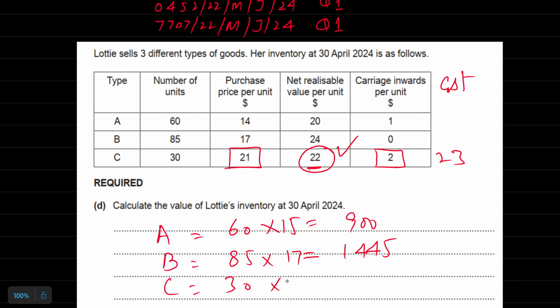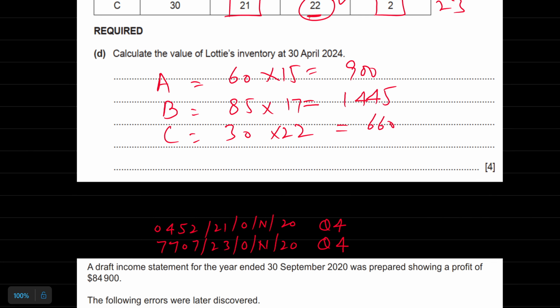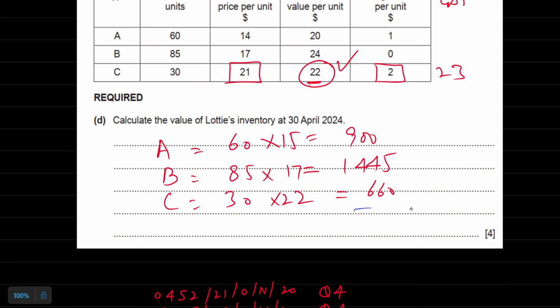30 units multiplied by 22 will be equal to 660, and then when we add 900 plus 1445 plus 660, the answer will be 3005. This is the value of inventory.